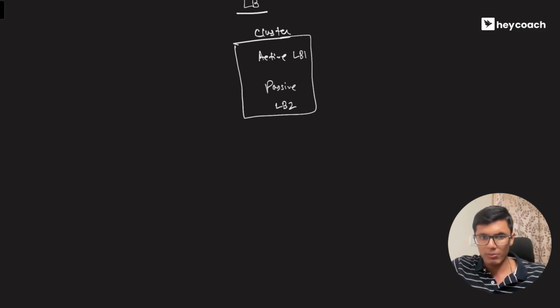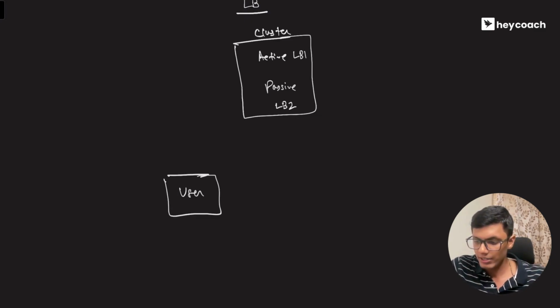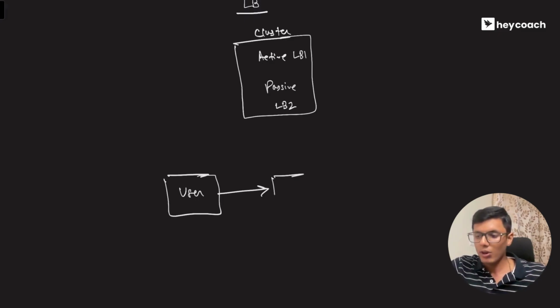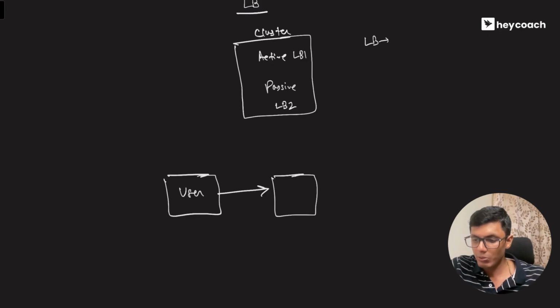But there is one problem. The user is sending the request, and your load balancer 1 would have, let's say, IP1, and your load balancer 2 would have IP2.